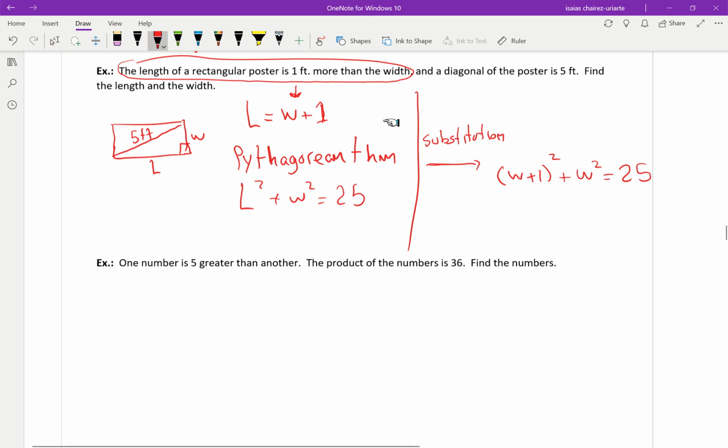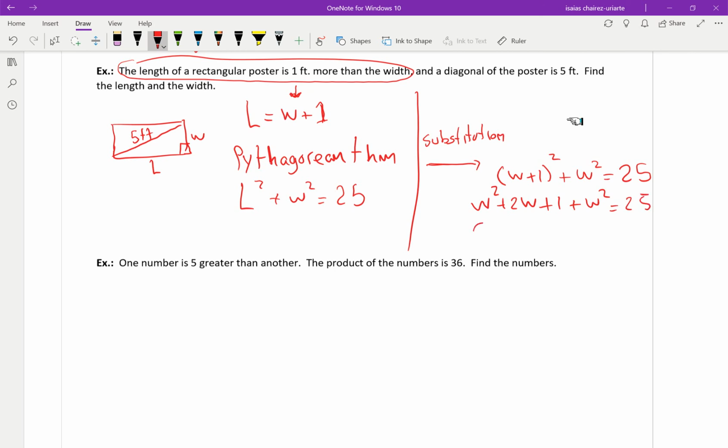You see, now I have an equation that only involves W. So now I should be able to find the width. Once I find the width, then finding the length is just 1 plus the width. And let me take it one step further. If you actually square this W plus 1, that becomes W squared plus 2W plus 1 plus W squared equals 25.